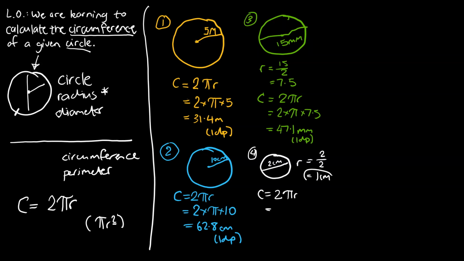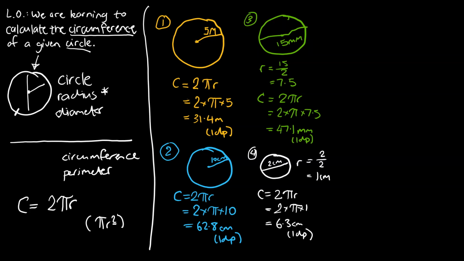The radius we've just said was 1, so half of the diameter. 2 times pi times 1. And then when we put that into our calculator, we're going to do 2 times pi times 1, and that equals 6.3 centimeters, rounded to 1 decimal place.